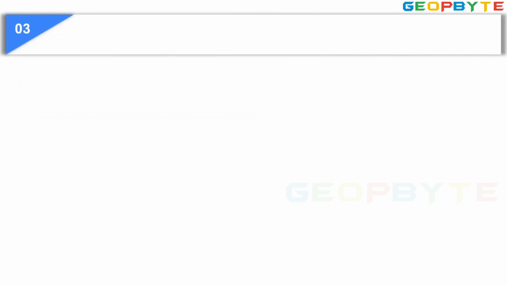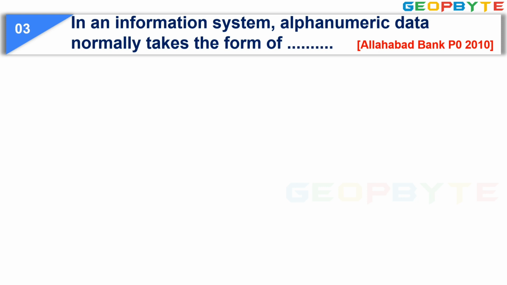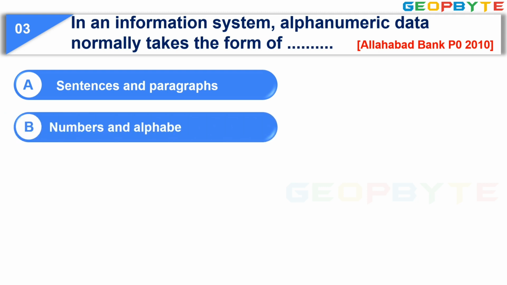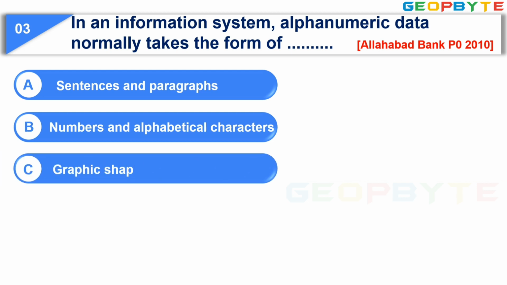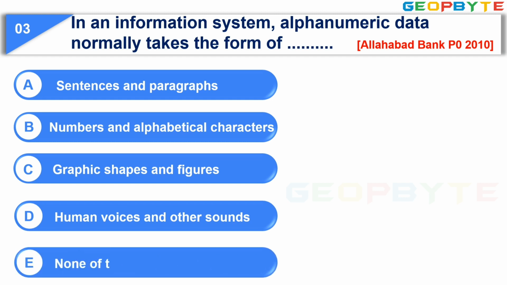Next, moving to question number 3. In an information system, alphanumeric data normally takes the form of option A, sentences and paragraphs, option B, numbers and alphabetical characters, option C, graphic shapes and figures, option D, human voices and other sounds, option E, none of these.